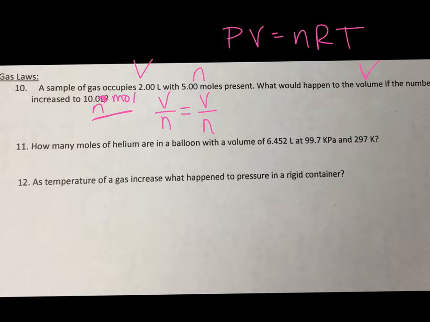So it's whichever one you prefer. We're going to go with the first one for mine just because it makes the V go on top. All right, so for this, you're given 2 and 5 for the first V and n. You're going to set it equal to, we're looking for V, they give you n. That's all it is. Can you handle that?